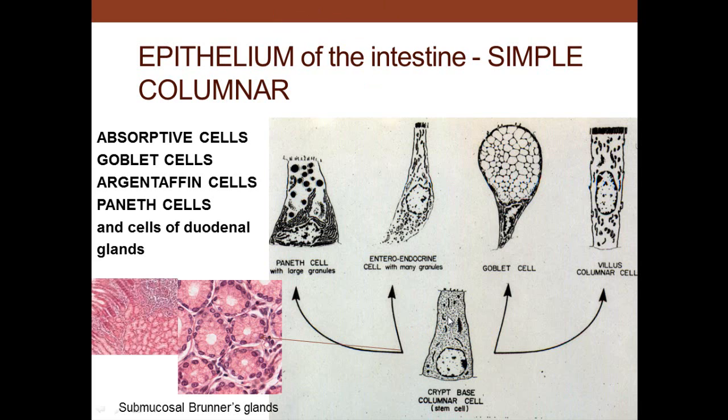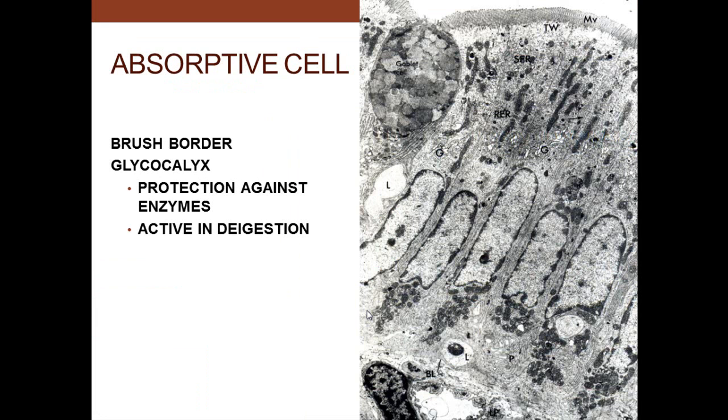So we've got one cell here that gives rise to a host of different cells which characterize the epithelium, simple columnar epithelium that you see in the intestine. So here we see an absorptive cell with a brush border, lateral interdigitation between adjacent cells, the glycocalyx in through there.